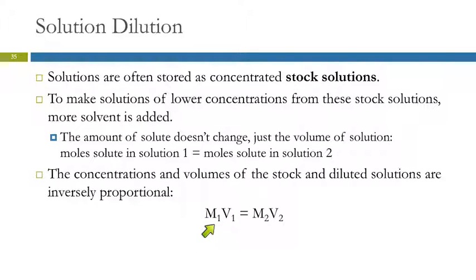The molarity of the first solution times the volume of the first solution is equal to the molarity of the second solution times the volume of the second solution. Or M1V1 equals M2V2. That's an important equation. You should remember that one. The concentrations and volumes of the stock and diluted solutions are inversely proportional, if that means anything to you. So this is the equation we're going to use.